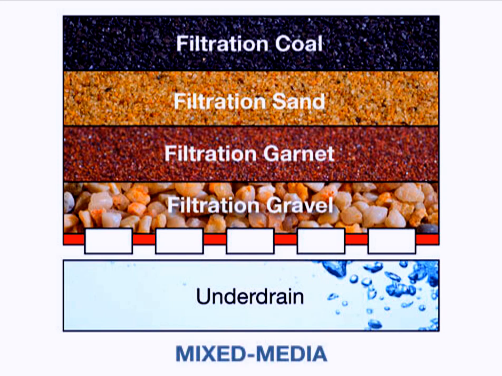The sand ordinarily used in conventional rapid sand filters has an ES, effective size, of 0.11 to 0.13 inches, that is 2.8 to 3.3 millimeters, and a UC, uniformity coefficient, varying from 1.6 to 1.75.